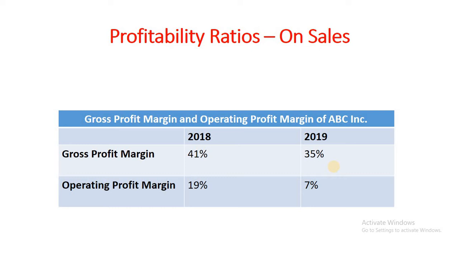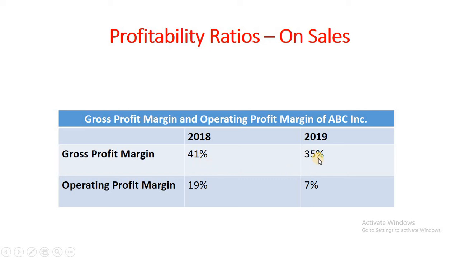If we compare the operating profit margin of ABC Incorporation, for example, the operating profit margin has decreased substantially from 2018 to 2019. It indicates that the firm's operating expenses have increased substantially from 2018 to 2019. The gross profit margin of ABC Incorporation also decreased from 2018 to 2019.